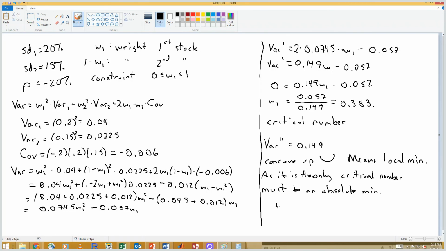So W1 equals 0.383, which would of course mean W2 equals 0.617 is our absolute minimum.